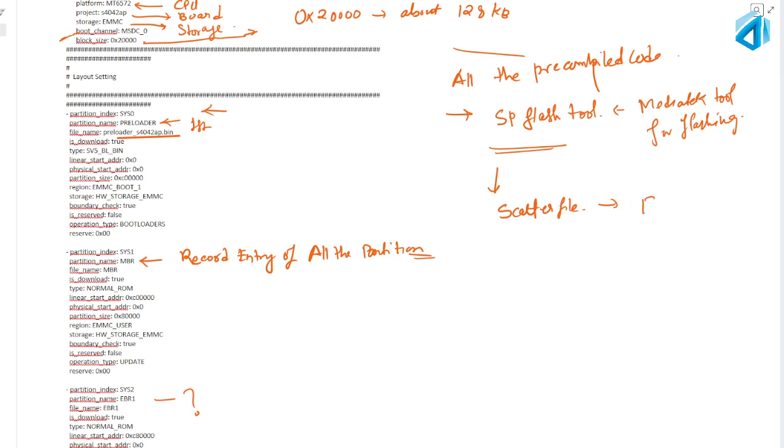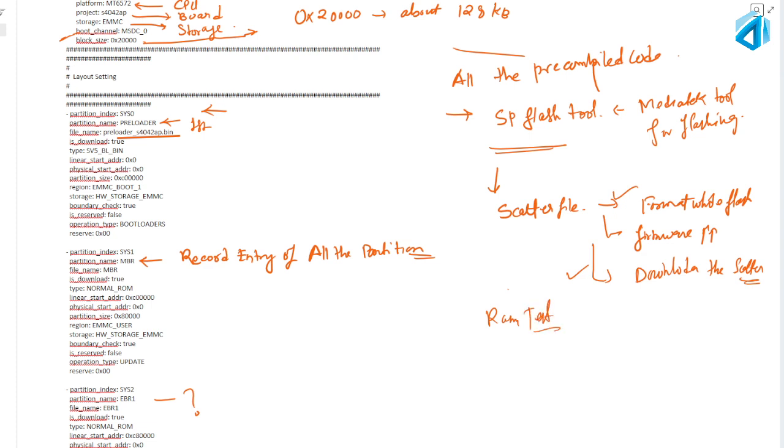Like I can format the whole flash, and the second one is I can upgrade the firmware, and the third option is to download things, the scatter files or distributed files. So I'm going to use format and the scatter. There is also a section for RAM test.